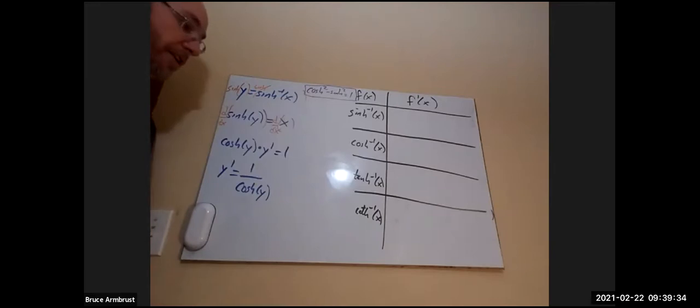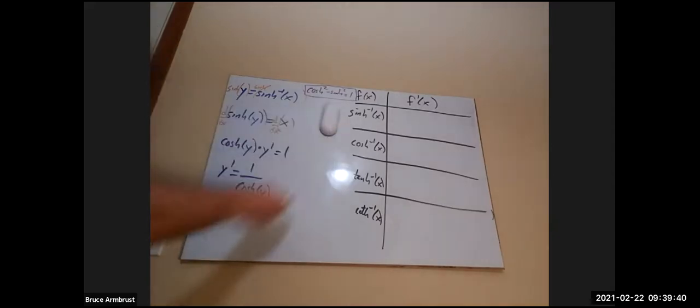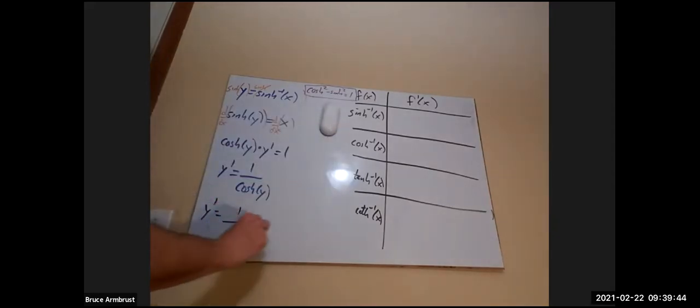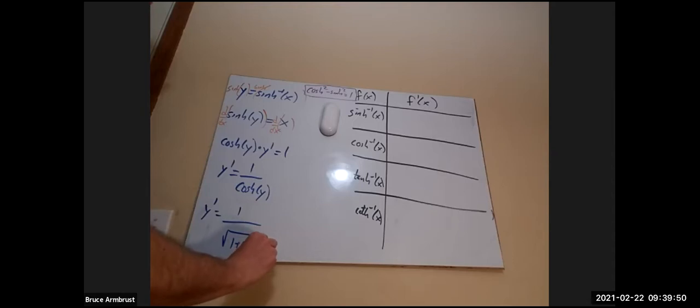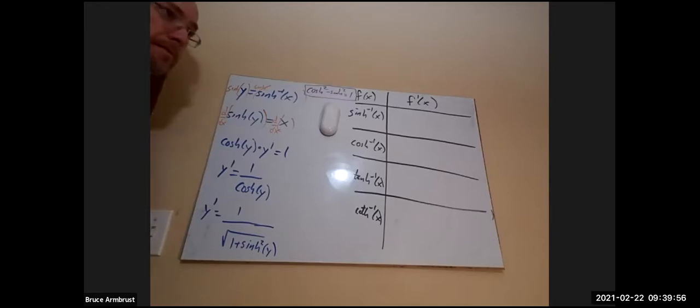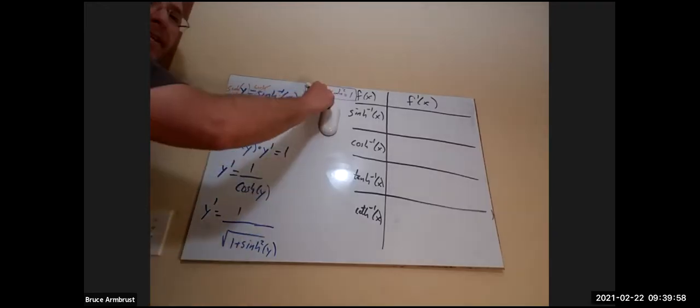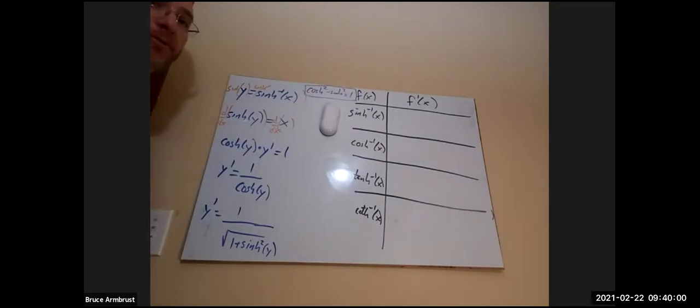Well, I can solve that for cosh. And if I solve that for cosh, that gives me the square root of 1 plus sinh squared. Right, the subtraction I move over becomes an addition, 1 plus sinh squared, and then I take the square root.